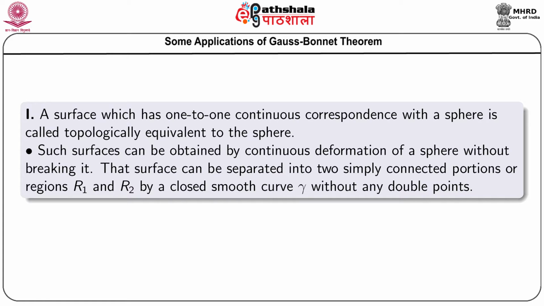That means, without any crossing, we can consider that surface into two portions R_1 and R_2.